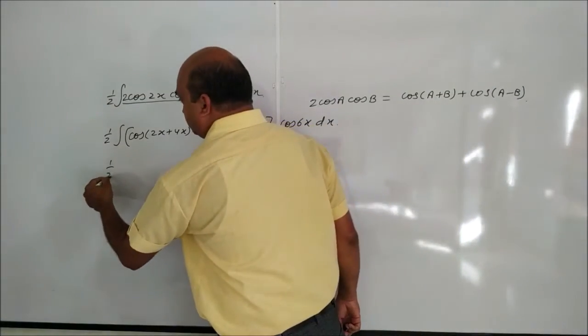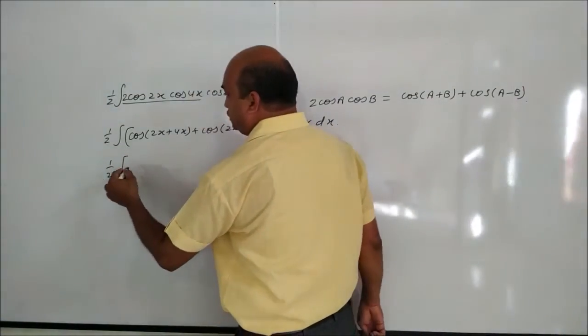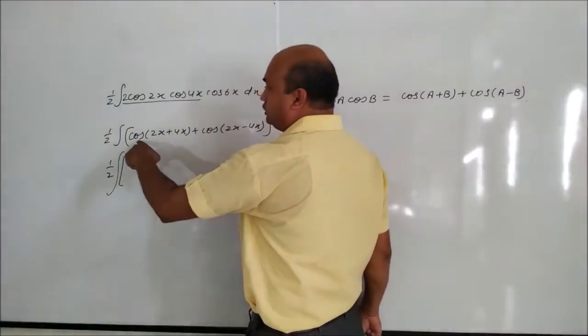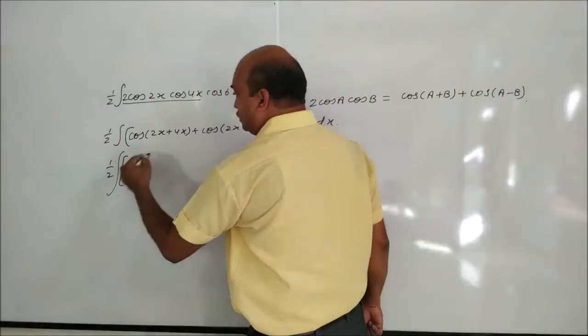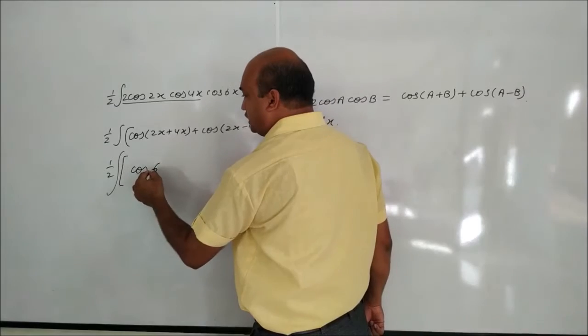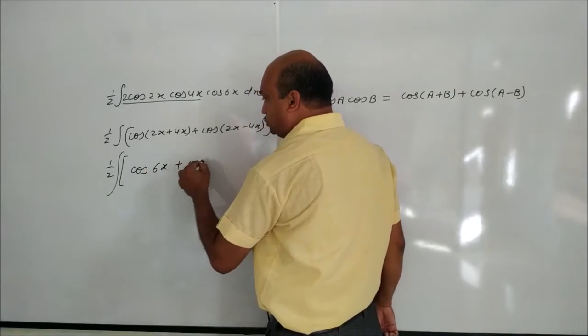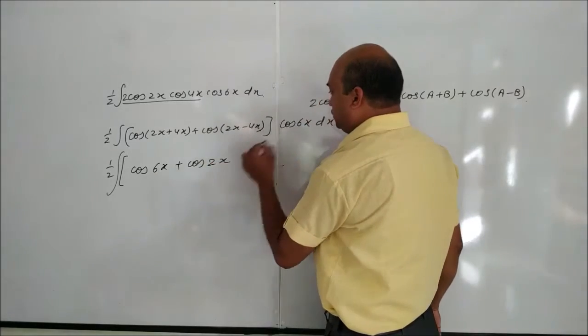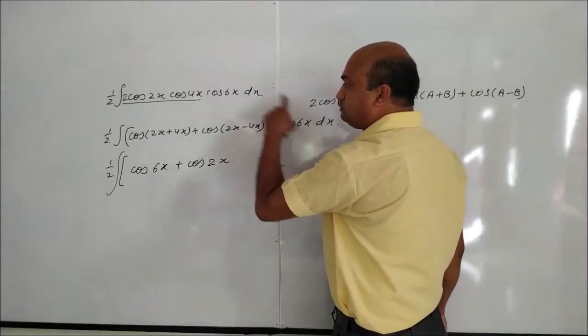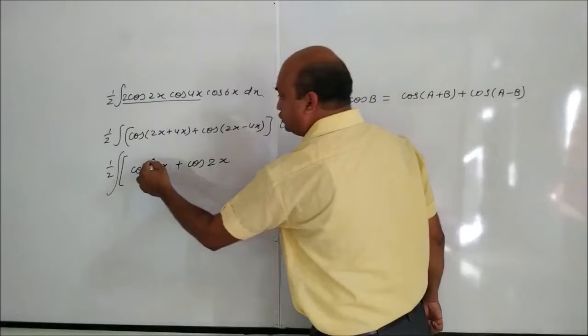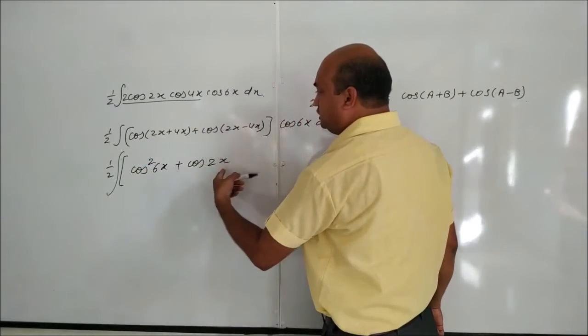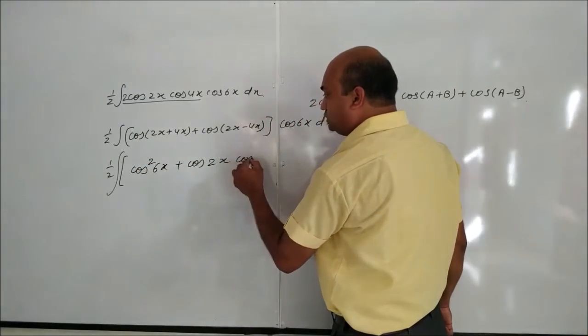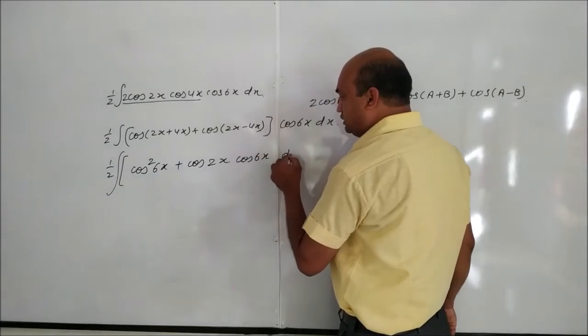This 1 by 2 same, and it is integration cos 2x plus 4x is 6x plus cos 2x minus 4x is minus 2x, and this cos 6x we multiply here as well as here. So this will be cos square 6x, and this will be cos 2x into cos 6x dx.